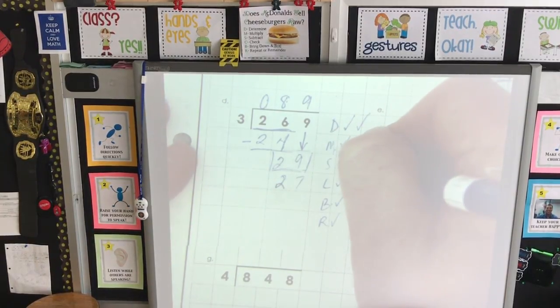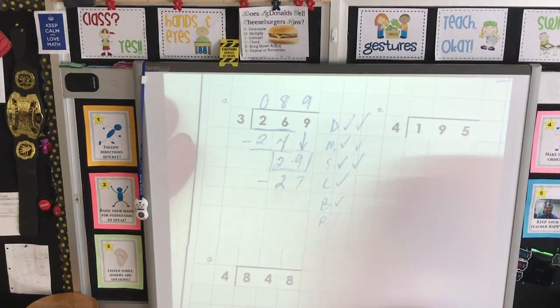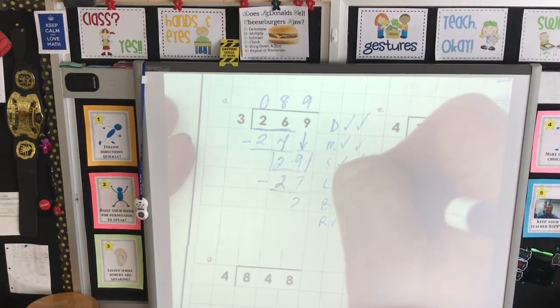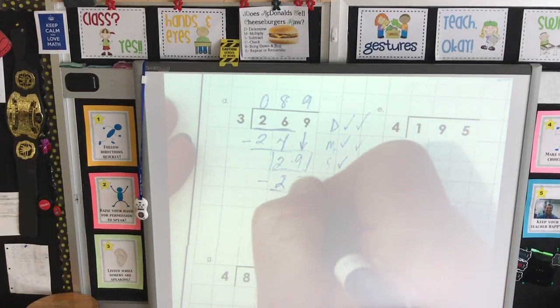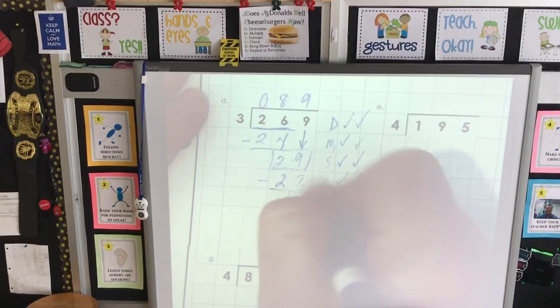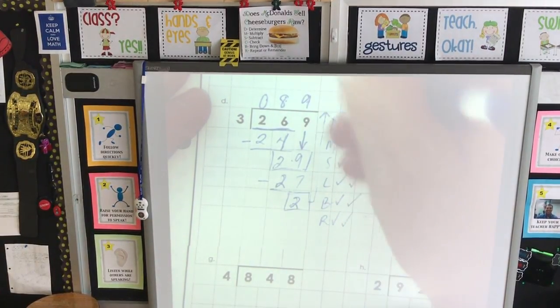All right, ready, S, go. Subtract 29 minus 27 equals 2. Okay, C, go. Check. Is the king happy? Yes. B, go. Bring down and box. Nothing to bring down. And we're done because there's no spots in the quotient. So a remainder of 2.